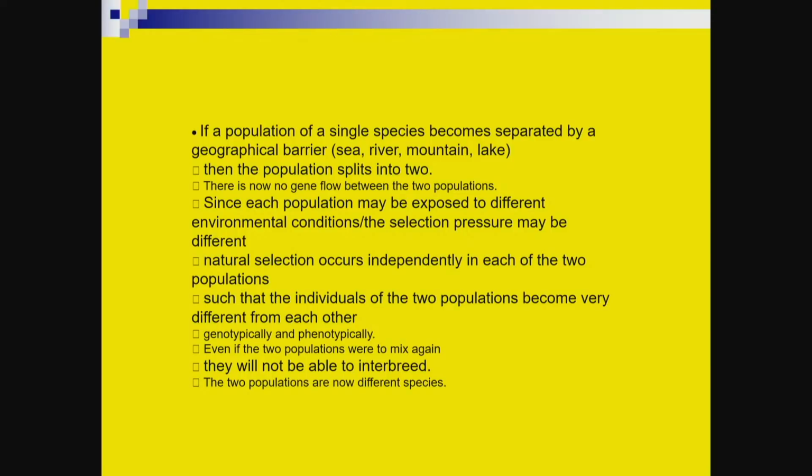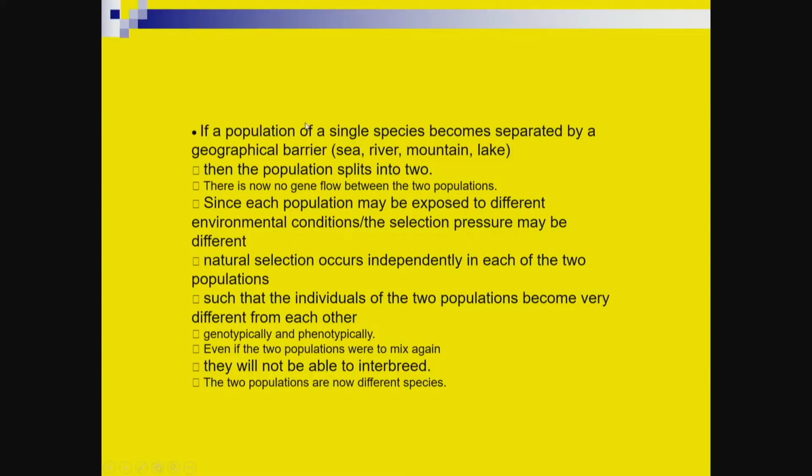You use the question's example and state: if a population of a single species, whatever the species name is, becomes separated by a geographical barrier, and then you must mention the type of geographical barrier. In the previous exam, they allocated 1 mark for this full two-sentence statement.